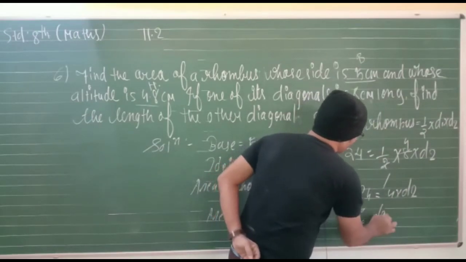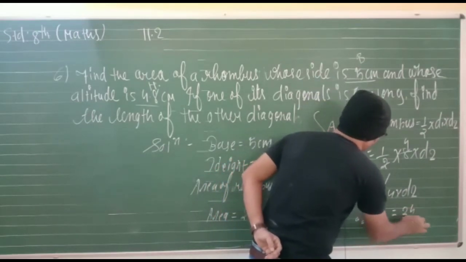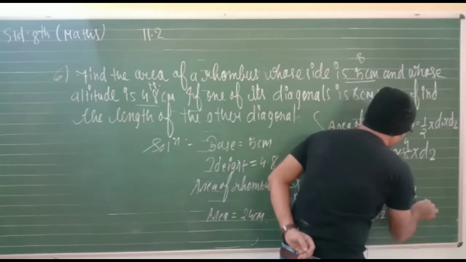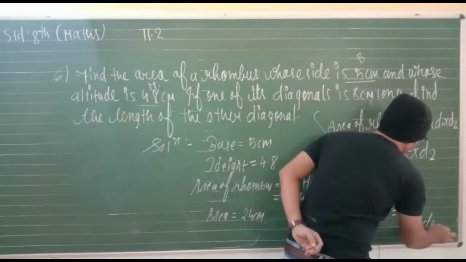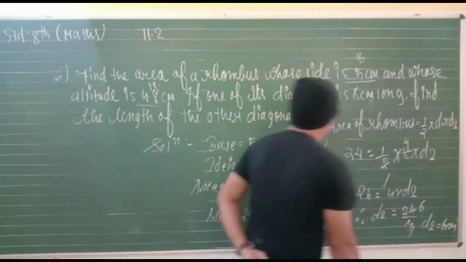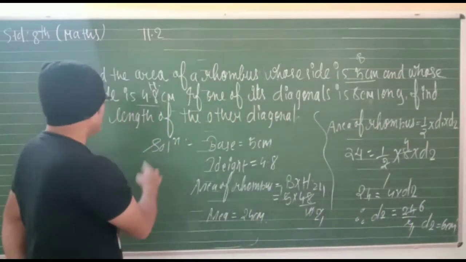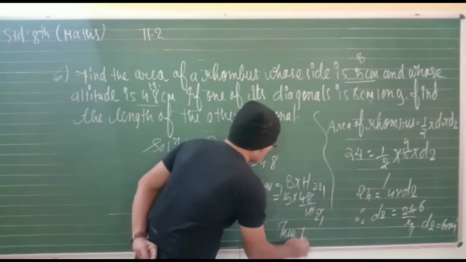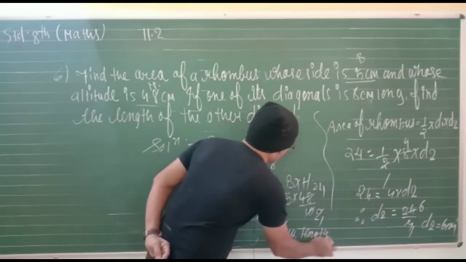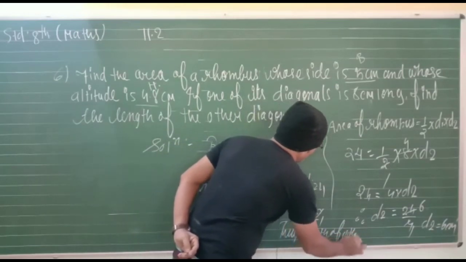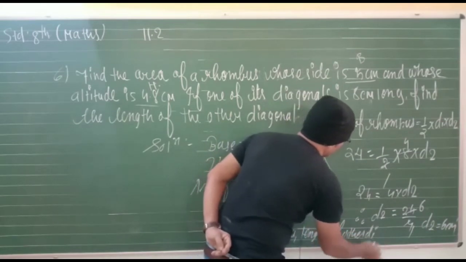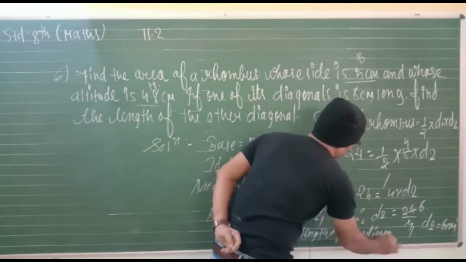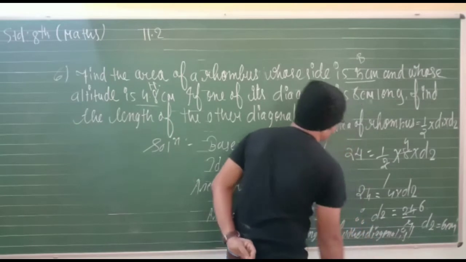Therefore d2 is equal to 24 divided by 4, ones are 6 are. So d2 is equal to 6 centimeter. Thus the length of other diagonal is 6 centimeter.